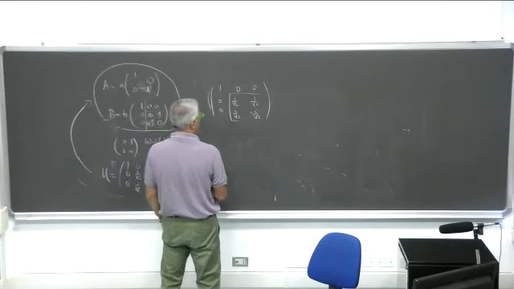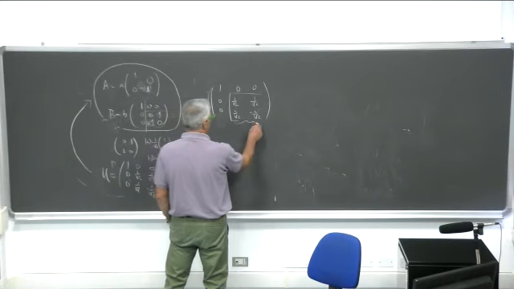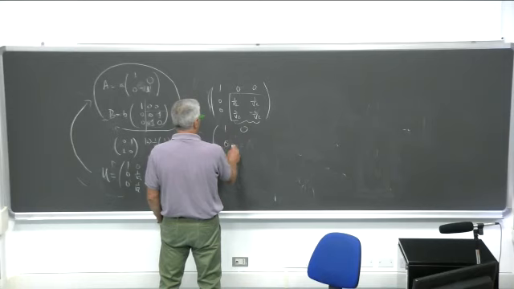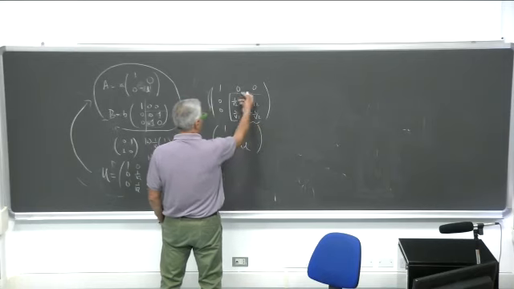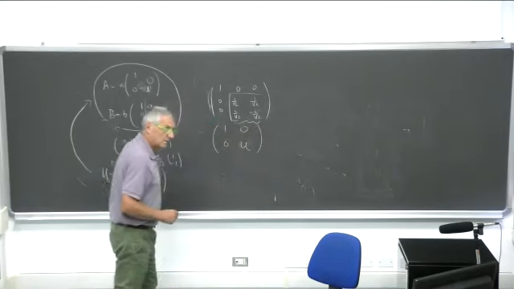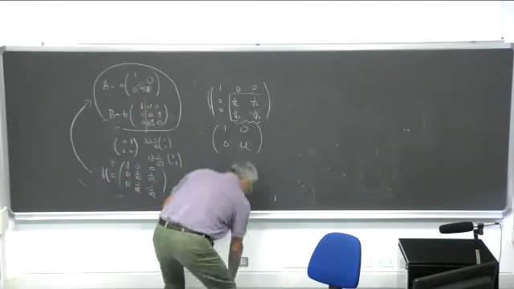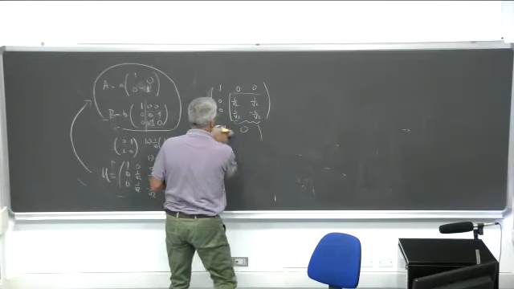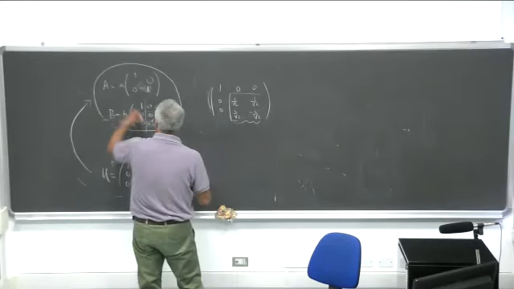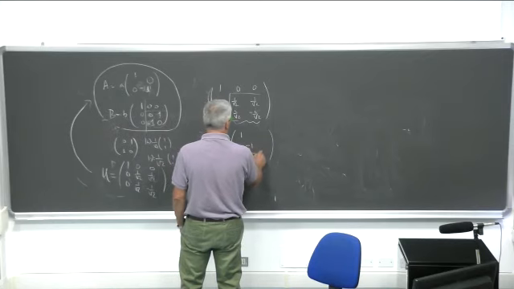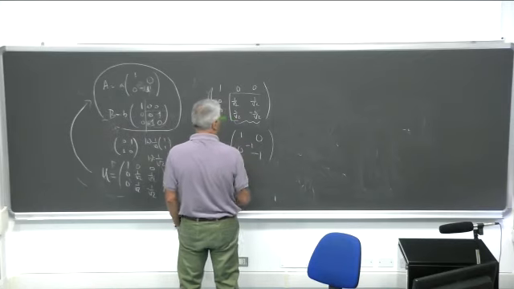If I call this matrix, the structure is 1, 0, 0, and then U. If I do the following operation to A, I apply to A this thing: this is 1, minus 1, minus 1, and 0 everywhere else.